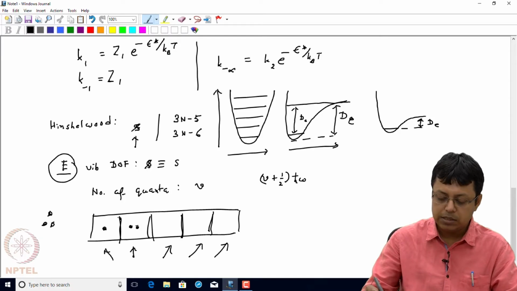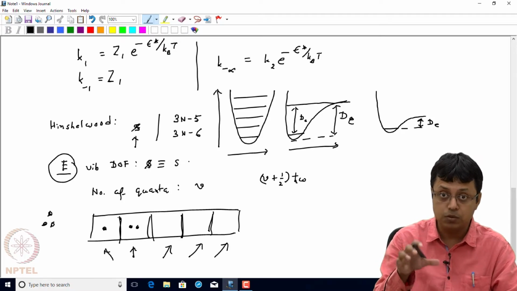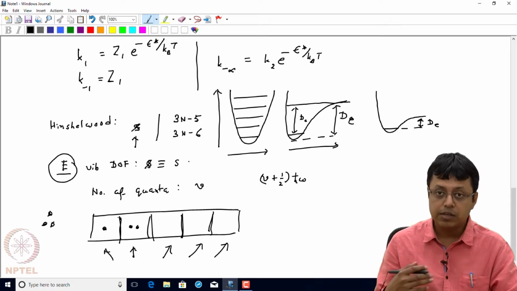So the number of partitions you see here, if I have s degrees of freedom or s rooms, you can think about it, I have s minus 1 partitions.